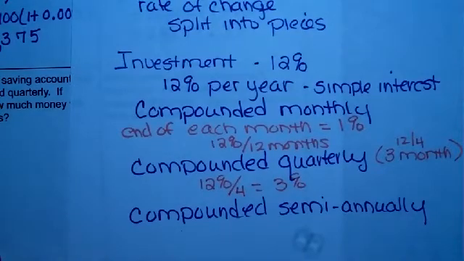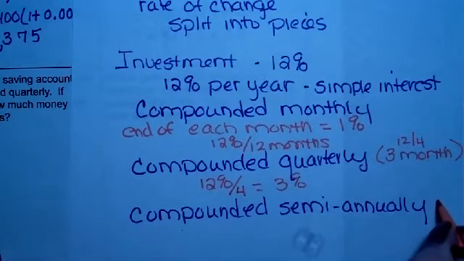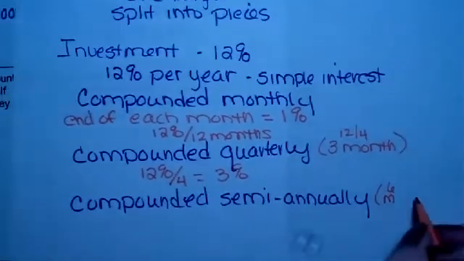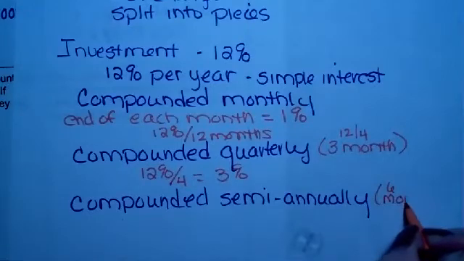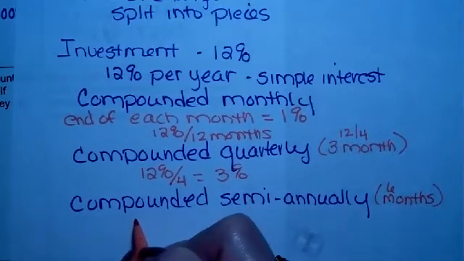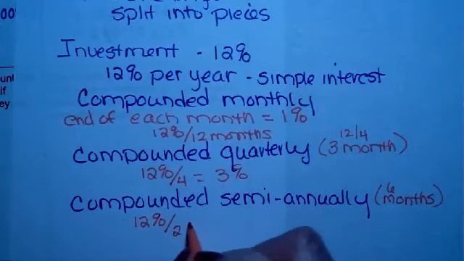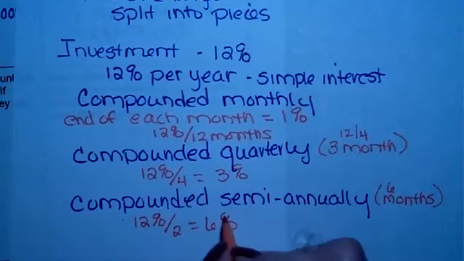Now, semi-annual means twice a year or every 6 months. So if it's semi-annually, because that means half a year, they're going to take that 12% and divide it by 2, and it's going to give you 6%. Well, somebody's going to say, wait, isn't that really the same thing? No, it's not.